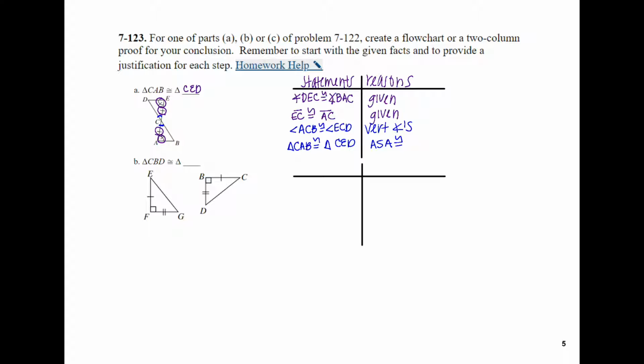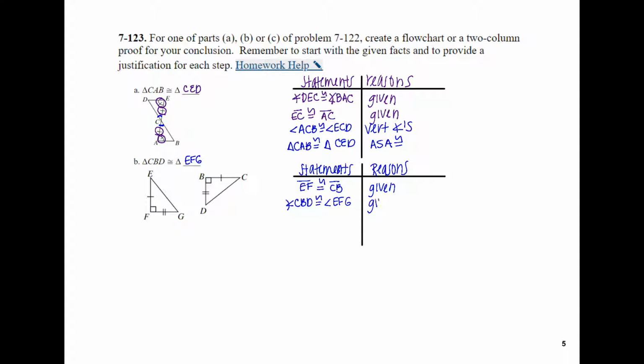Looking at B, we stated that triangle CBD was congruent to triangle EFG, and then if we fill in our statements and our reasons, we were given EF is congruent to CB. We also were given that angle CBD is congruent to angle EFG.